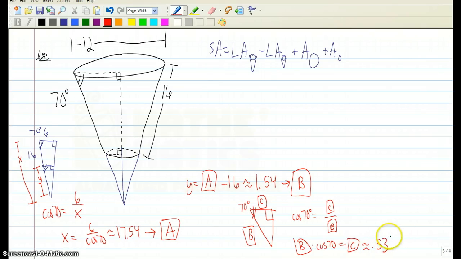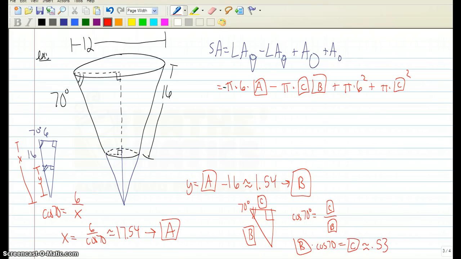So now that I have all of these values, we can plug this into the formula to find the total surface area. The lateral area for the cone on top is going to be pi times its radius of 6 times its slant height, which we have saved as alpha a, minus the lateral area of the small one, that's pi, its radius is alpha c, its slant height is alpha b, plus the area of the big circle, that's pi times the radius of 6 squared, plus the area of the small circle, that's pi times its radius of c squared.